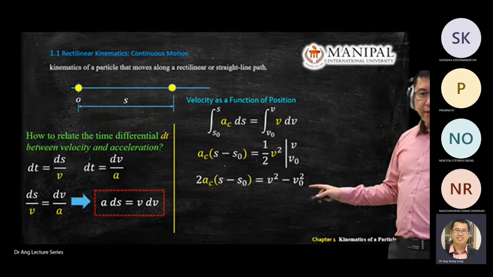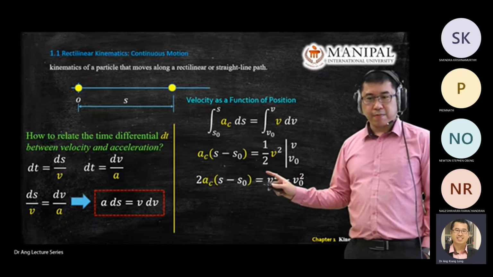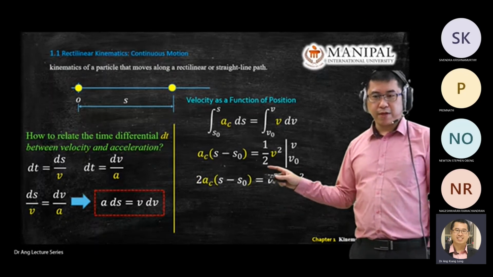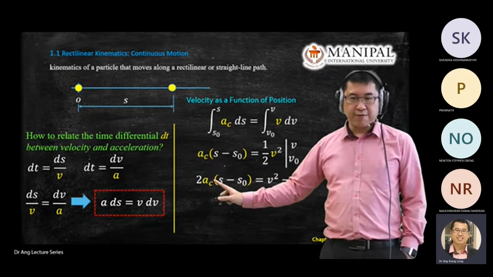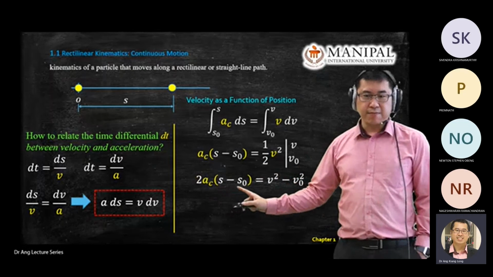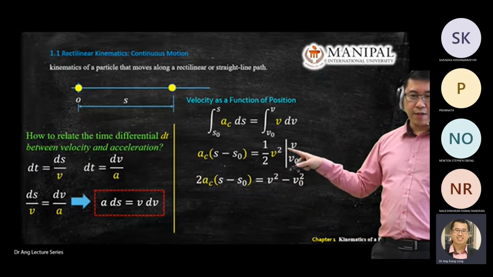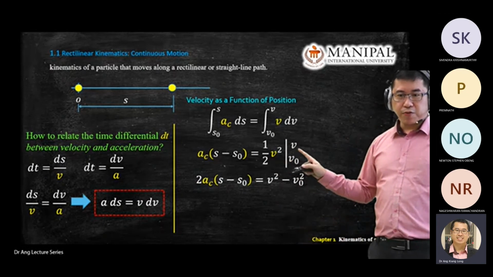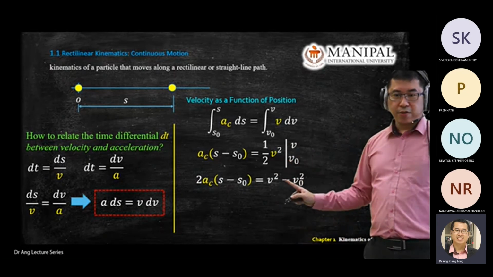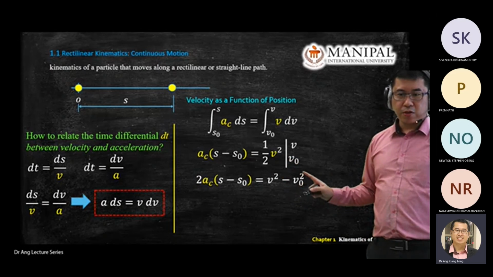And you start rearranging to help you use the equation more effectively. You move your 2 to the left, you get 2ac(s minus s0) equal to, again using the limit of your integration, you substitute v inside here, so you get v squared minus v0 squared.